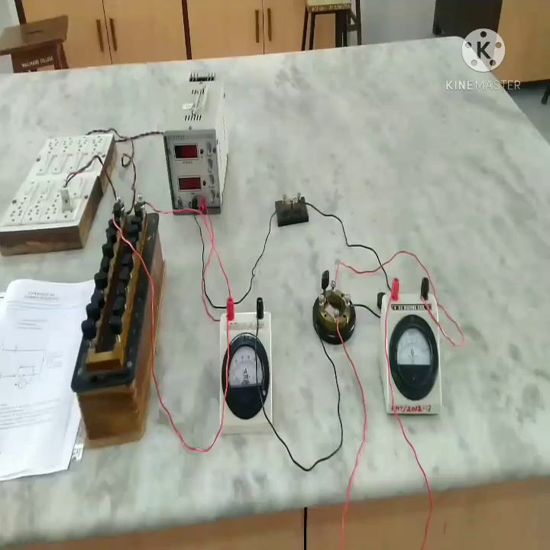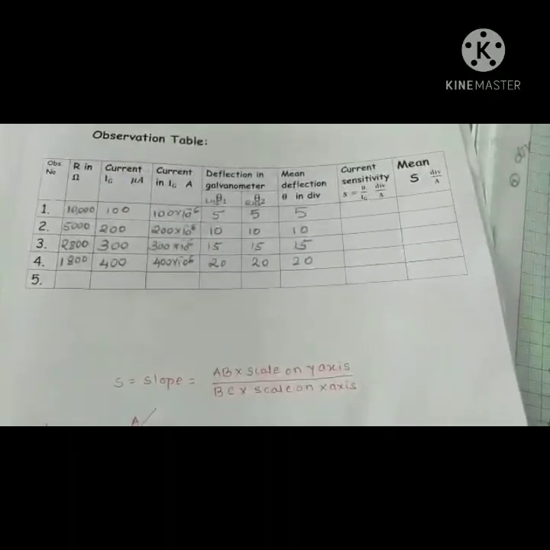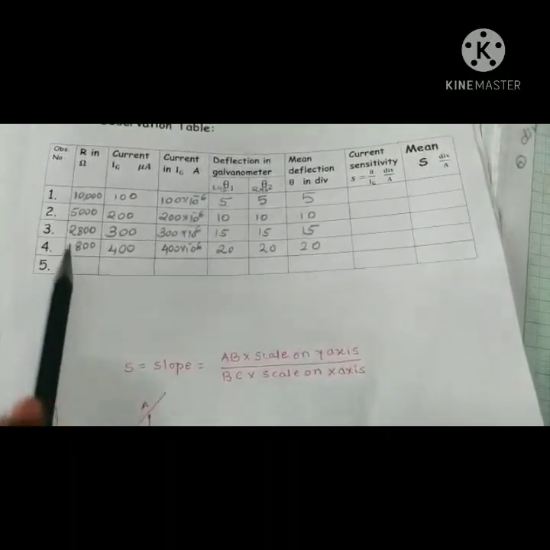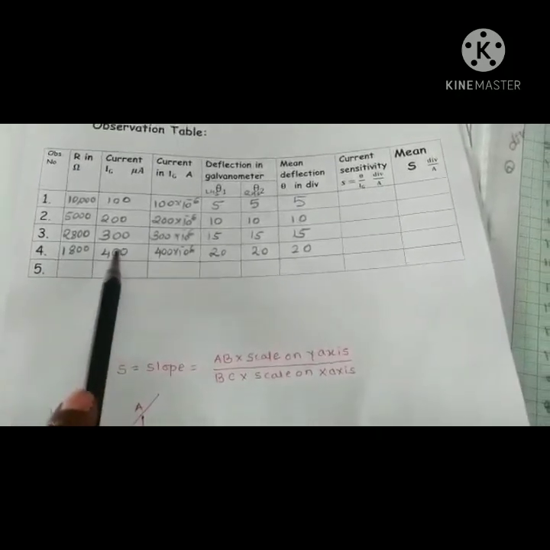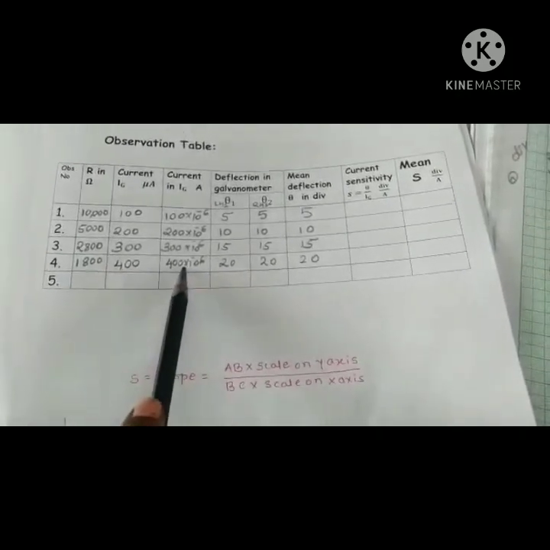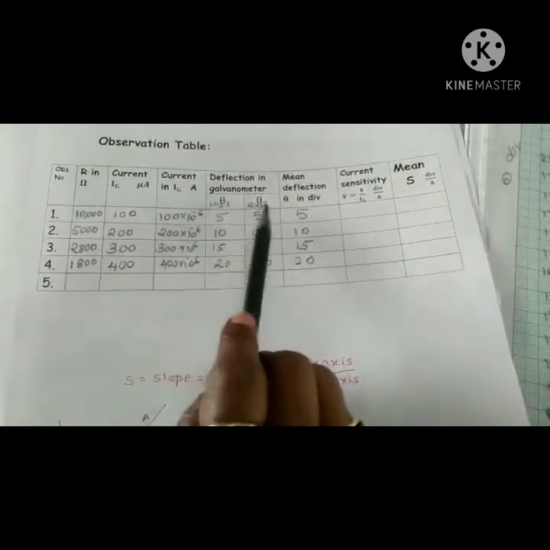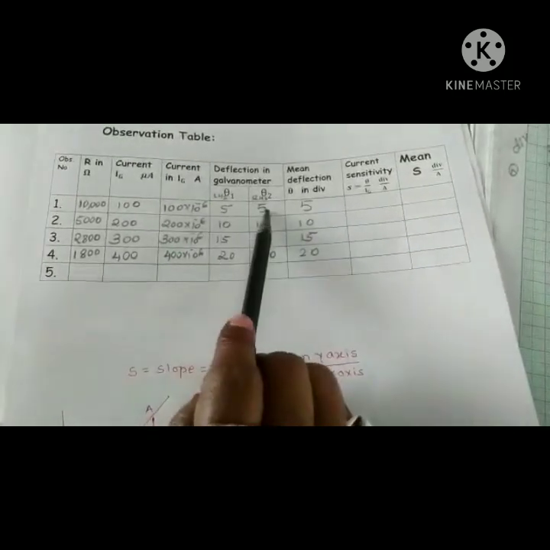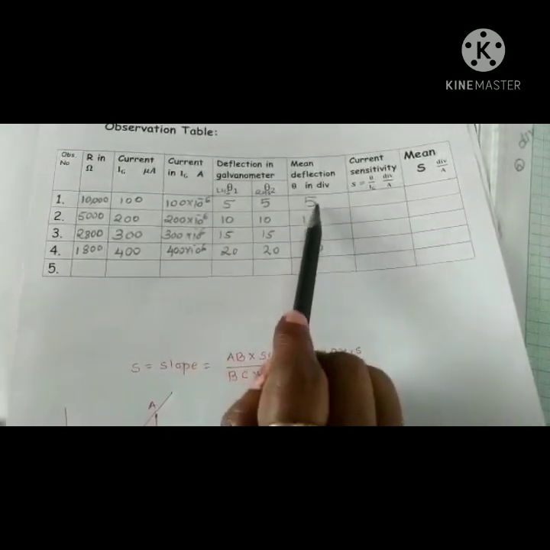Now just see, our observation table is ready. It has resistance in ohm, current in microampere, current in ampere, and two deflections theta 1 and theta 2 at LHS and RHS. After that, the mean of these two is the mean deflection theta.